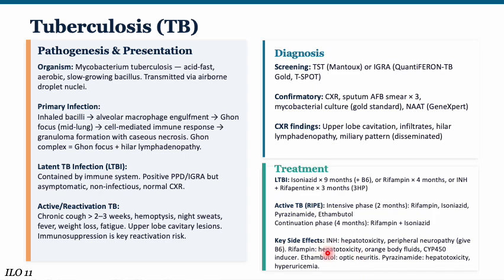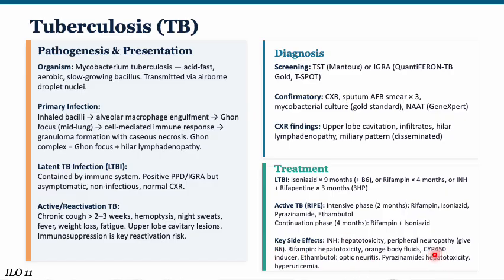Well, the INH can cause some hepatotoxicity and peripheral neuropathy. That's why you have to make sure these patients take vitamin B6. Rifampin can cause hepatotoxicity. It can also cause body fluids to turn orange. If you've ever taken rifampin, like as an antibiotic for any reason, your urine turns orange, your tears turn orange.